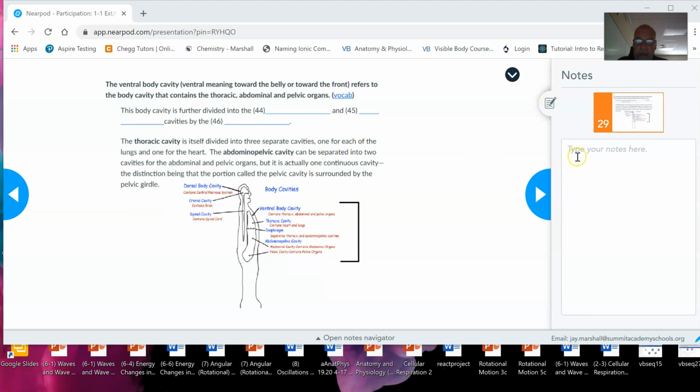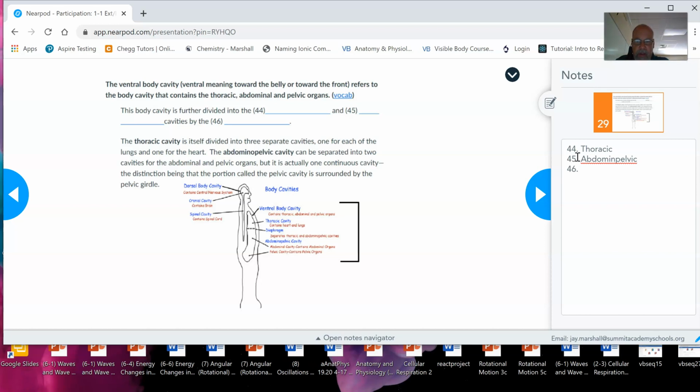Okay, and this body cavity is further divided into, and I'm using the notes feature again to type out the answers, the thoracic, abdominal, and pelvic cavities, and it's divided by the diaphragm.